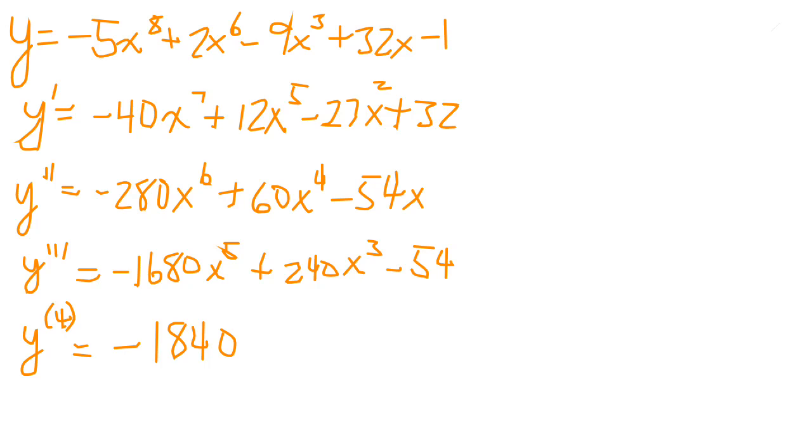That's 8400. Negative 8400 x to the 4th plus 3 times 240, 720, x squared. That's the fourth derivative of y with respect to x.